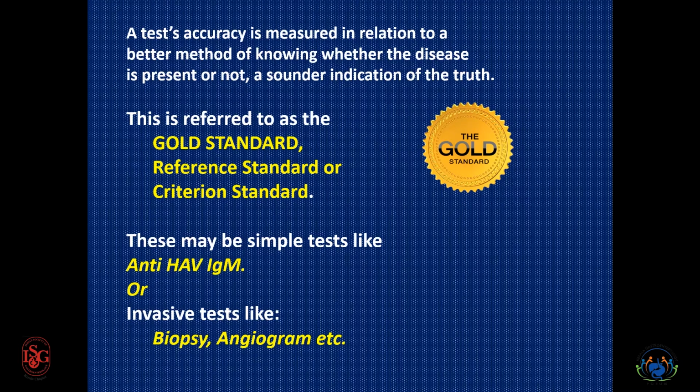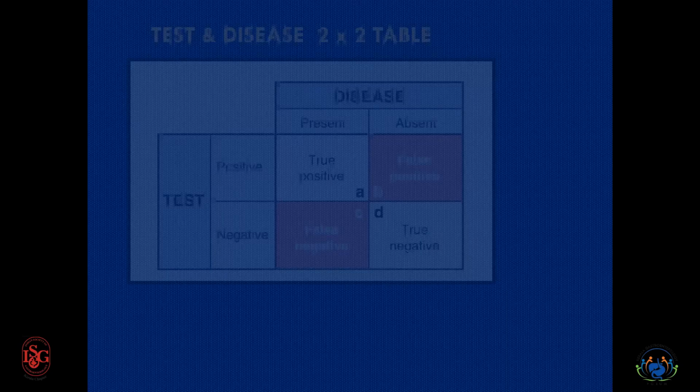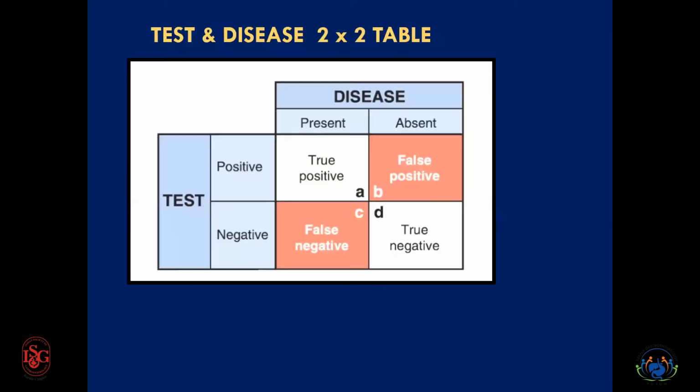It is with this gold standard that we compare a diagnostic test. Usually the test and disease are expressed in a 2x2 table. For example, there are two columns for the disease, present or absent, and two rows for the test, positive or negative.